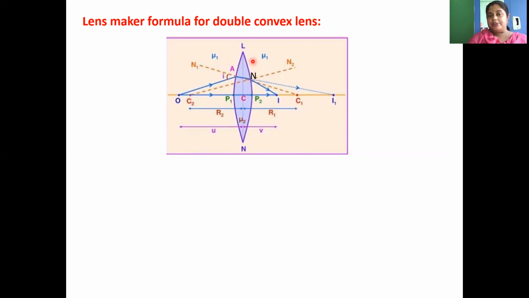For the second surface, LP2N, P2 is the pole, C2 is the center of curvature, and R2 is the radius of curvature. That means for this lens, we have two centers of curvature, two radii of curvature, and two poles.